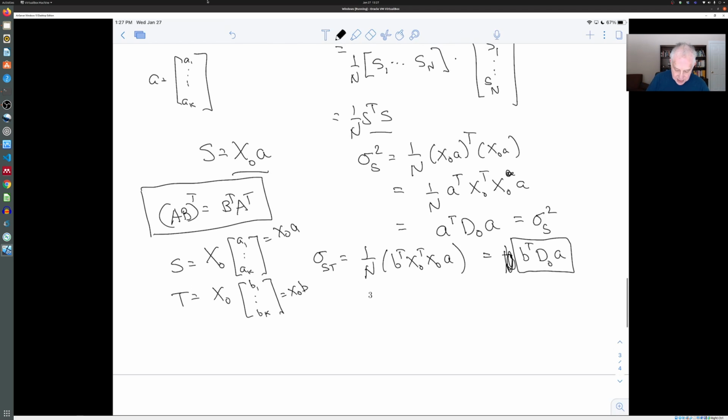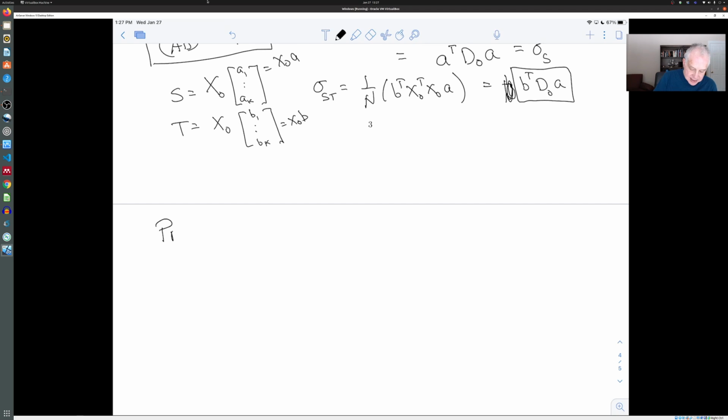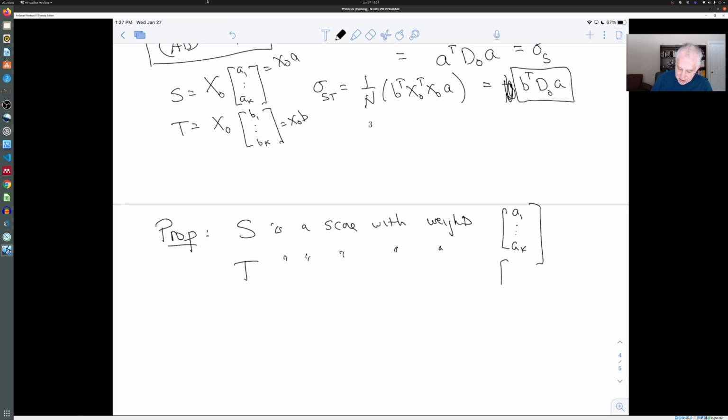So to summarize then, what we've shown is that if S is a score with weights A1 down to A sub k, and T is a score with weights B1 down to B sub k, and we call these vectors A and B, then the variance of S is A transpose D0A, and the covariance of S and T is B transpose D0A.